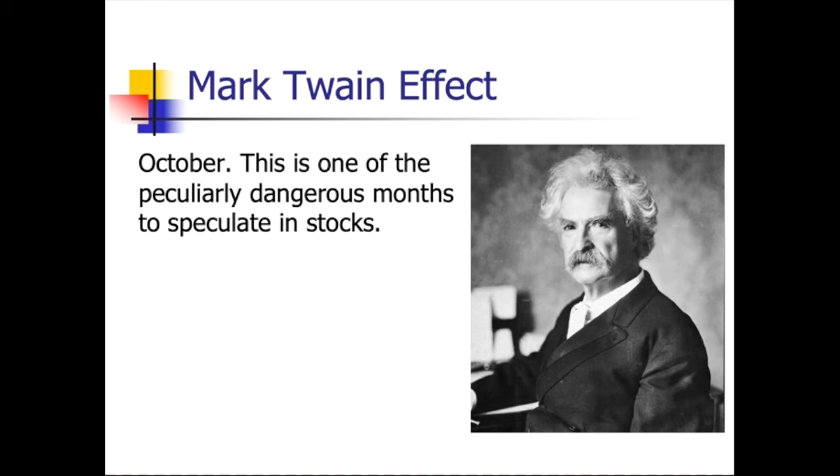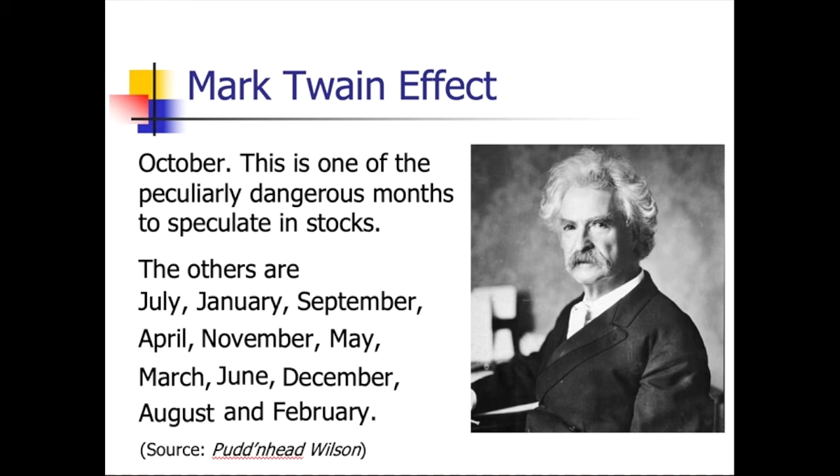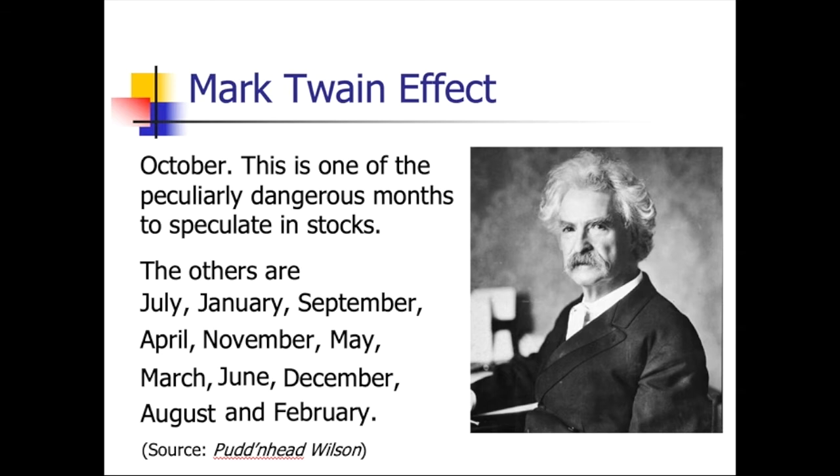And he also said, yeah, the others are July, January, September, April, November, May, March, June, December, August, and February. Yeah, he said all the months are dangerous. So it is a very sarcastic assertion that speculating in stocks is always dangerous. Maybe he lost a lot of money when he invested in stock.